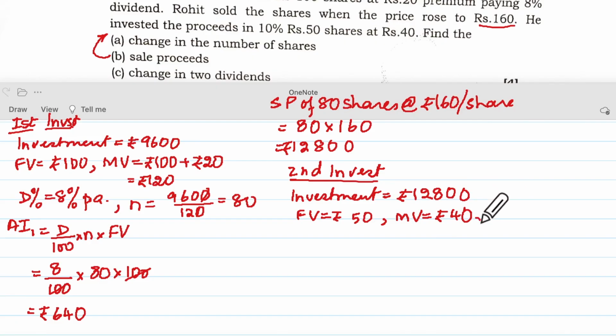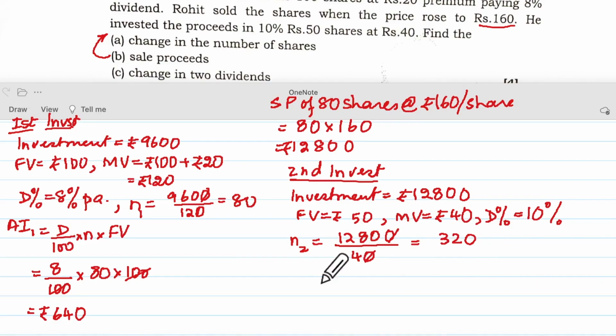Correct? And D percent is equal to 10%. So the number of shares, this we will call N1 and N2, will be 12800, this investment, upon MV, which is 40. So 4 threes, 4 twos and 4 zeros, 320. Correct? So therefore change in number of shares.